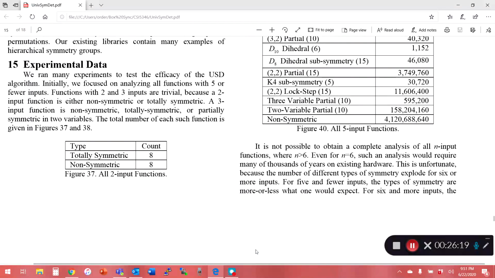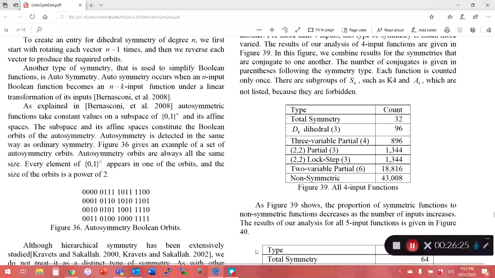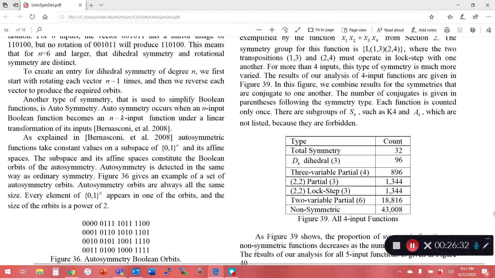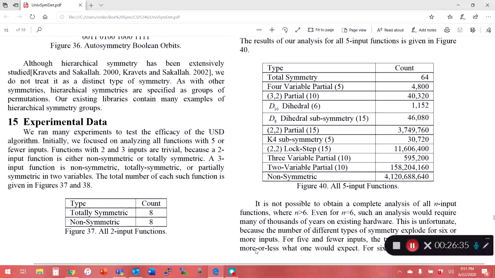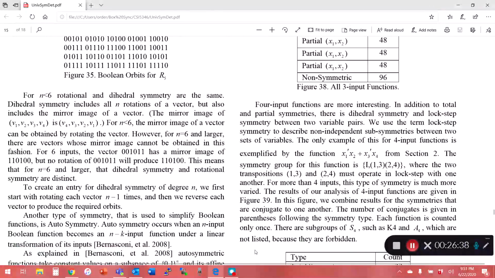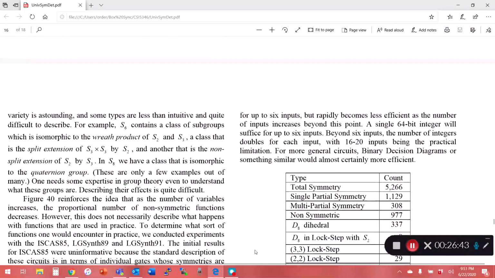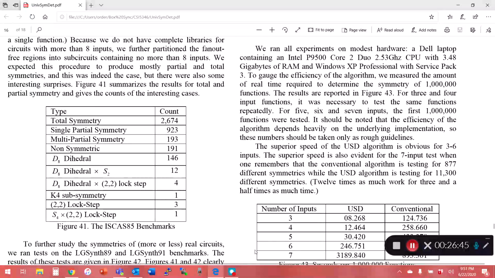And so that takes us down to experimental data. I'm going to let you go through that yourself. It describes the sort of symmetries we found. First, looking at all 2 input functions, all 3 input functions, all 4 input functions, and all 5 input functions. Then we went through the ISCAS 85 benchmarks and listed the various different things we found.